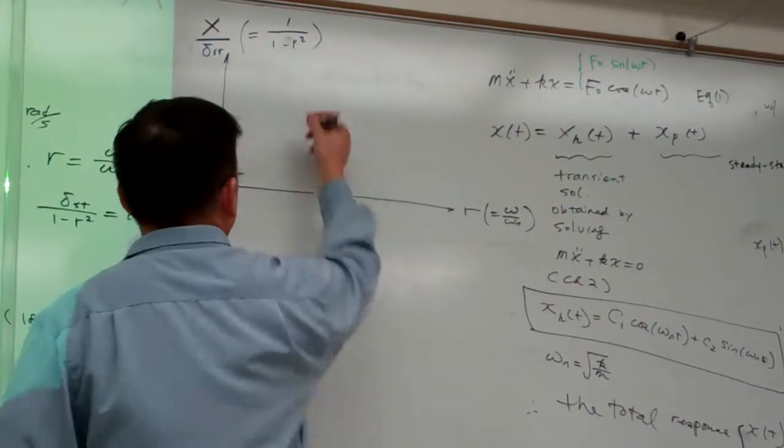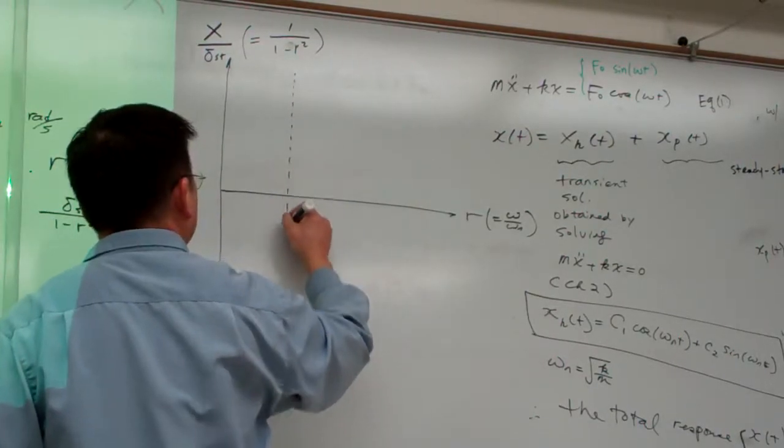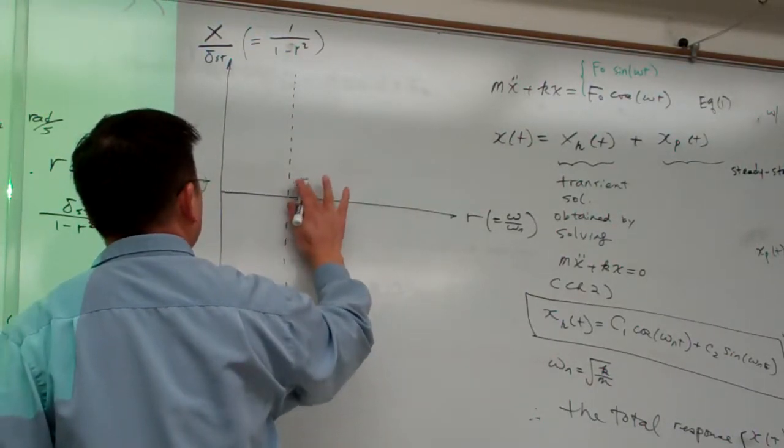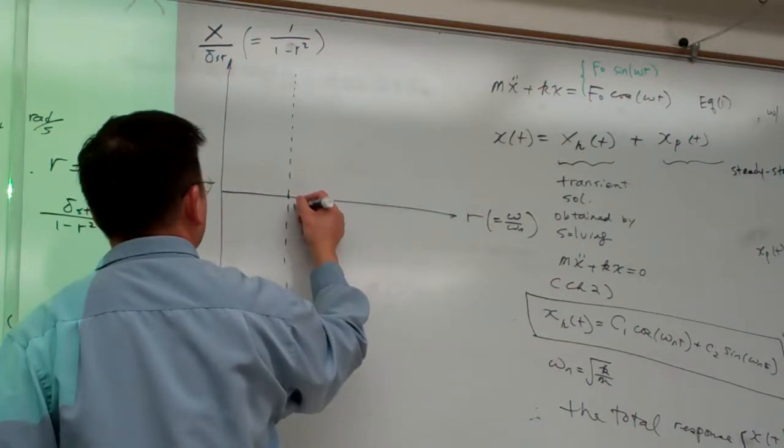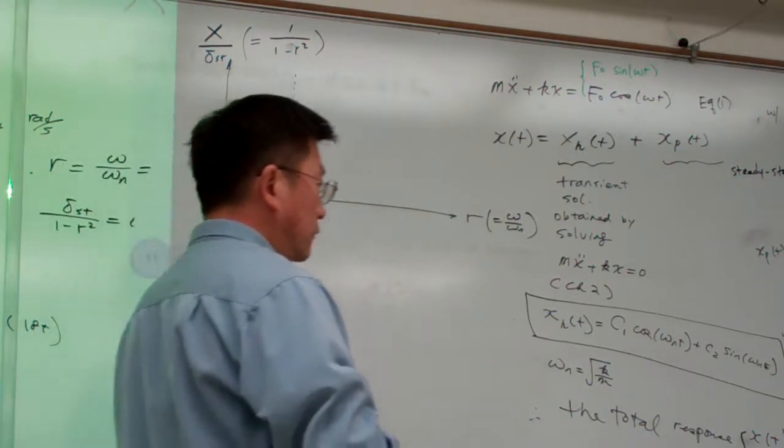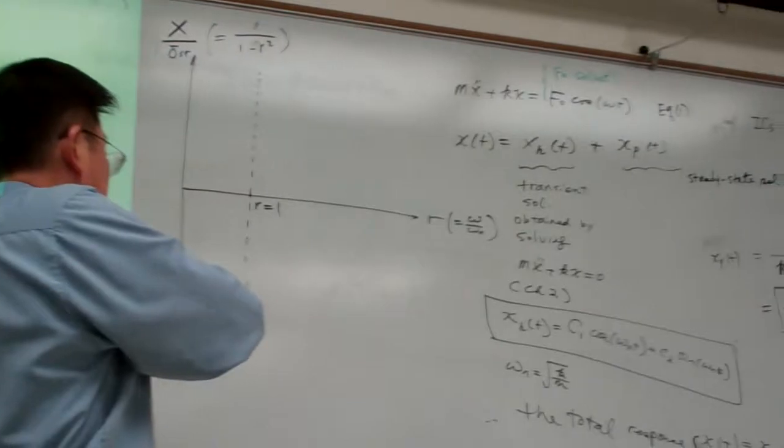So here, let me say this is r equal to 1. The curve will be like this.